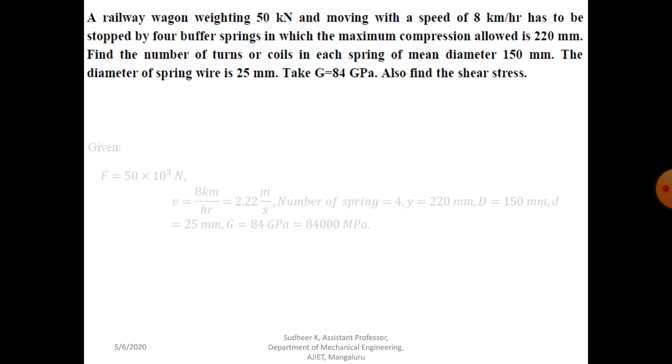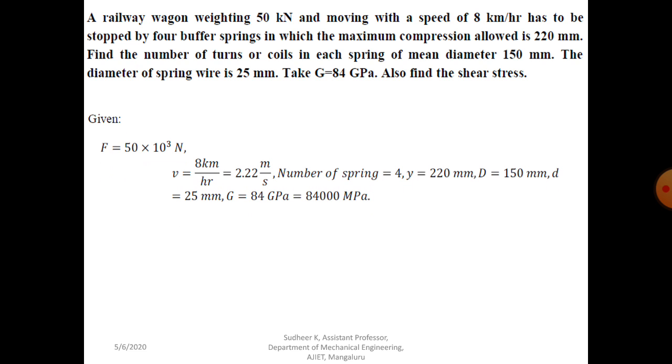We'll see this problem. Given data: F equal to 50 into 10 to the power 3 Newton, and the velocity is given in kilometer per hour. So you have to convert the velocity; always keep it in meter per second. So 8 kilometer per hour converts to 2.22 meter per second. The number of springs is 4, and the deflection is y equal to 220 millimeter.